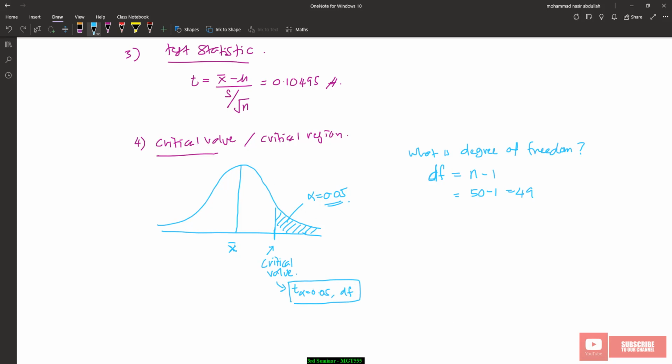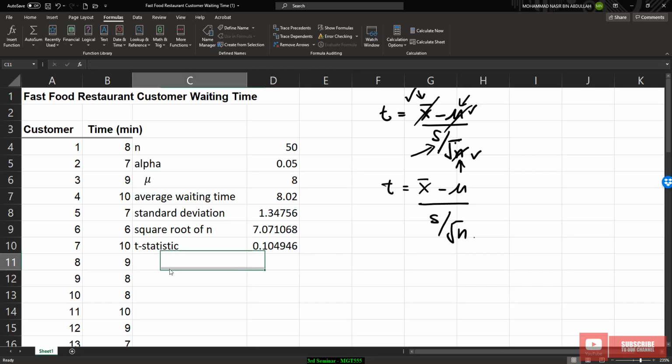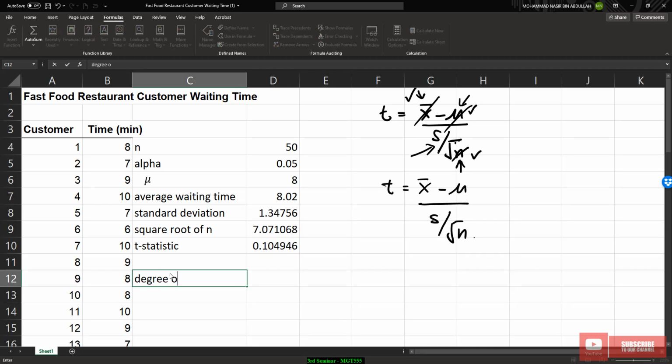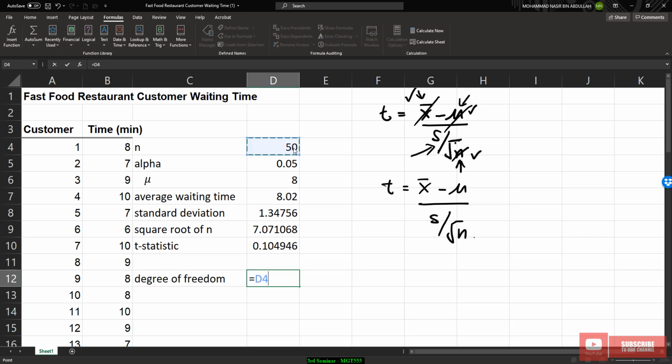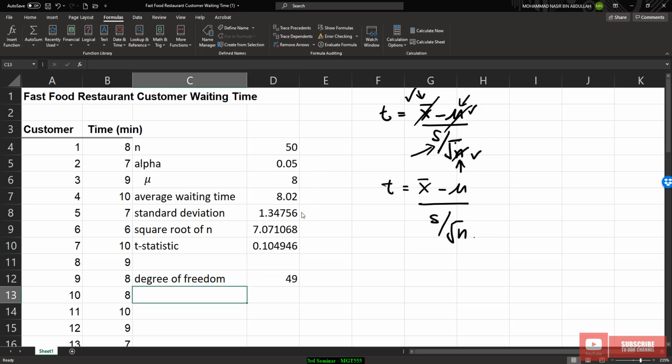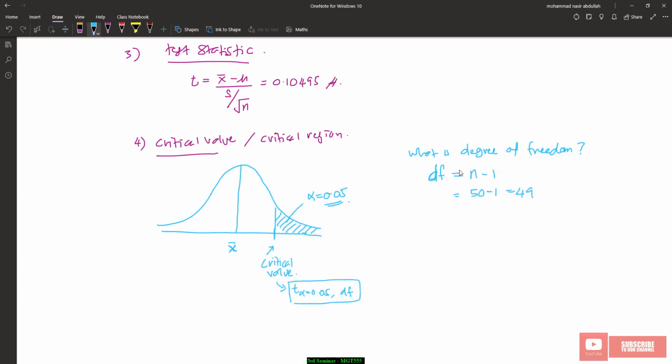So next, what we need to do is calculate the degree of freedom. Degree of freedom is n minus 1, which is equal to 49. And then we're going to calculate a critical value. There are several methods.